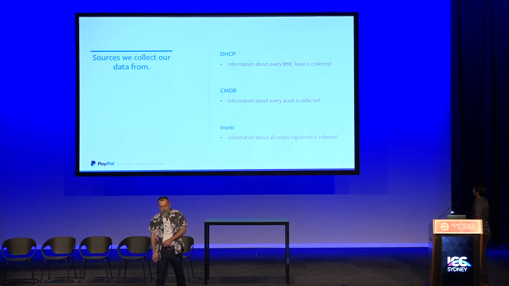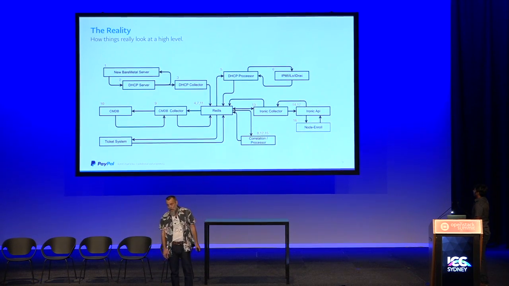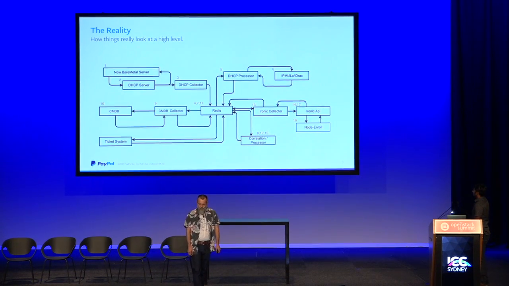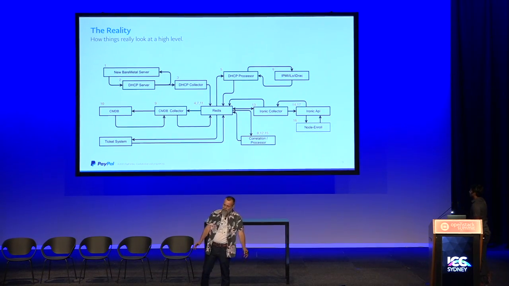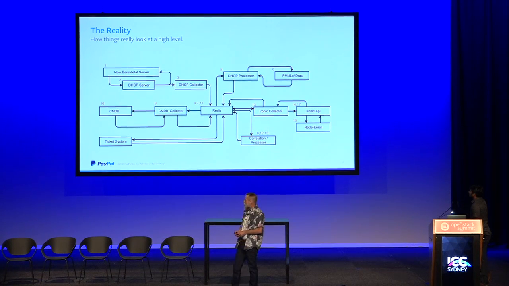The reality of the cocktail napkin is a bit more complex. Here we show a basic diagram of the systems that interact to analyze our discovery data and our provisioning systems.